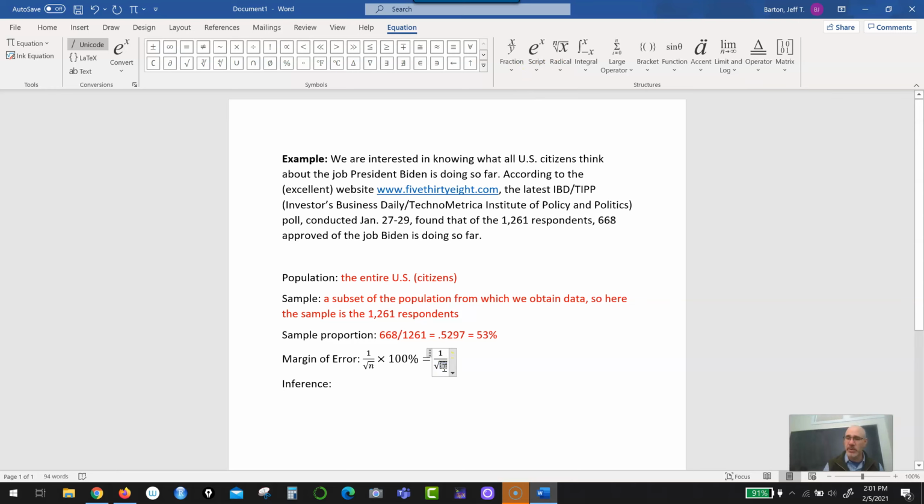So I'm taking the square root of 1261, and then I'm going to multiply that by 100%. And now let me do that calculation. So if I take 1261 and take the square root, that's about 35.51.